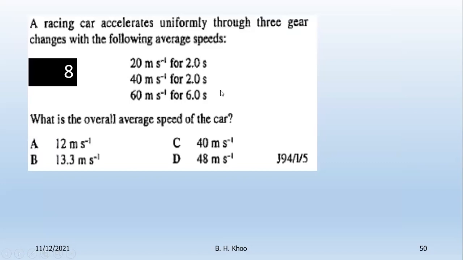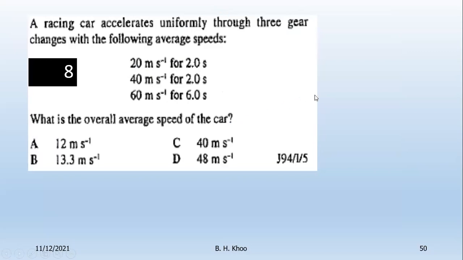Okay, a racing car accelerates through 3 gear changes with the following average velocities. Right? So it's 20 meters per second during that time, 40 meters per second during that time, and then 60 meters per second for 6 seconds. What is the overall average speed of the car? Right? Remember, average speed is total distance over total time.